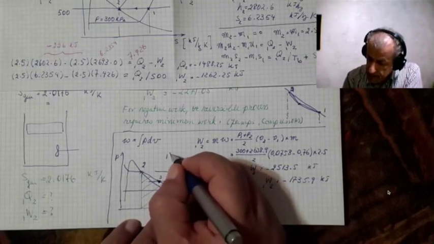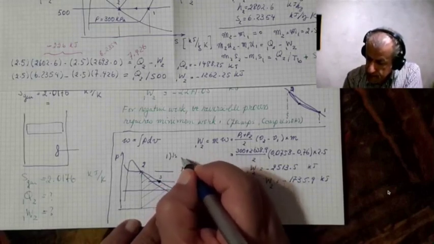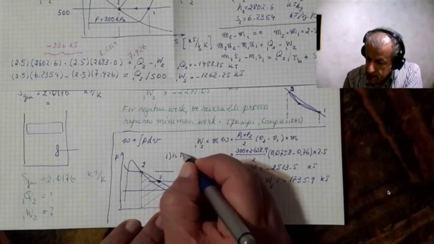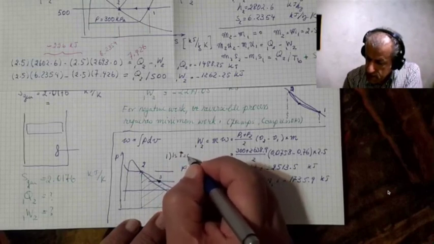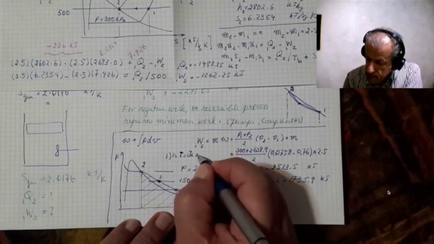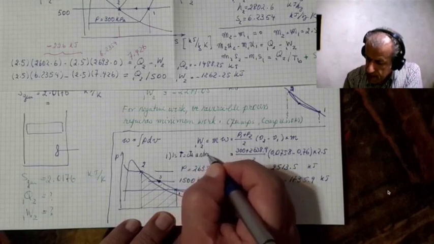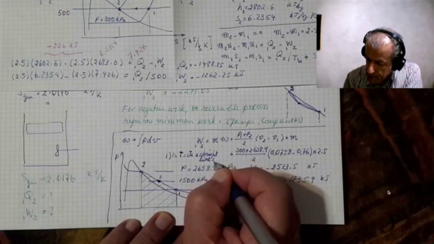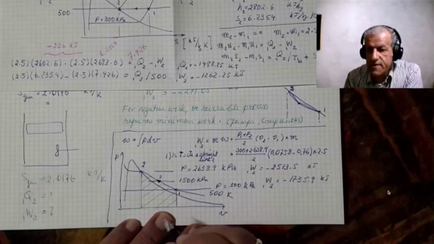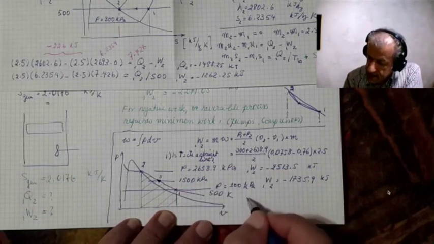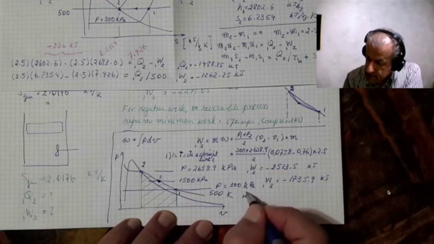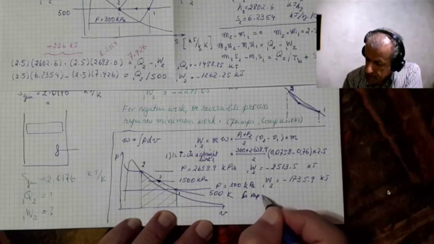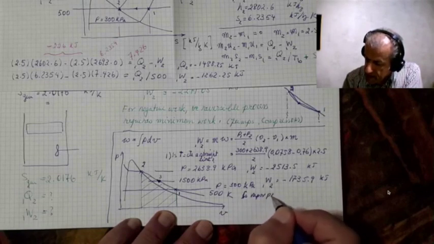First is T equals constant, a straight line. This is our first assumption. And the second assumption is vapor perfect gas.